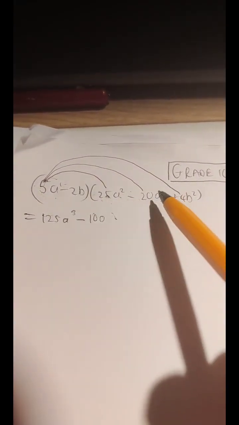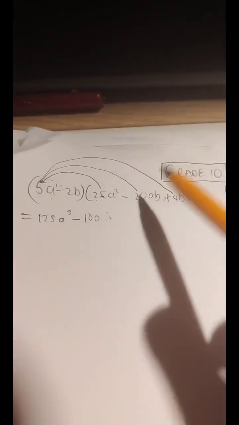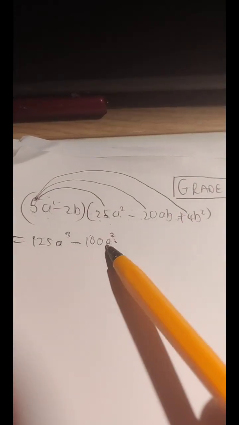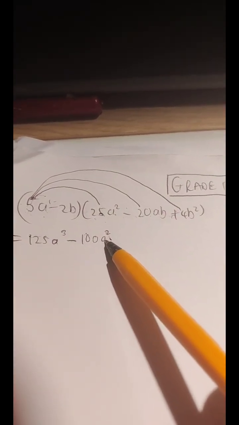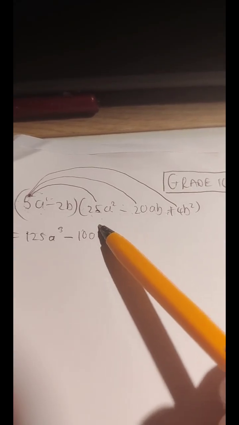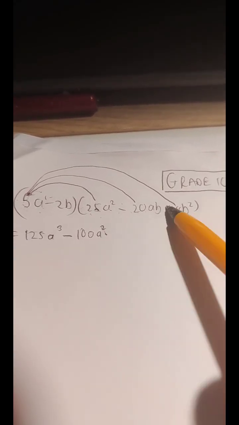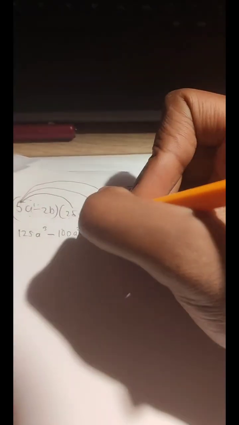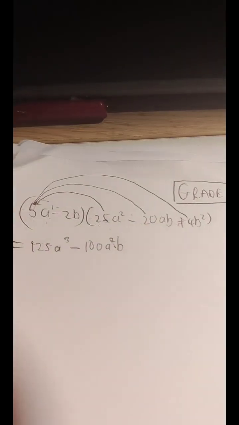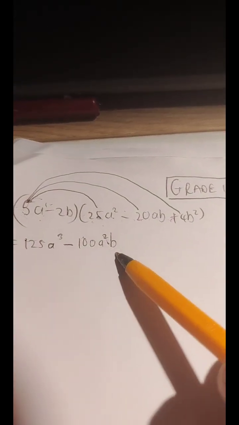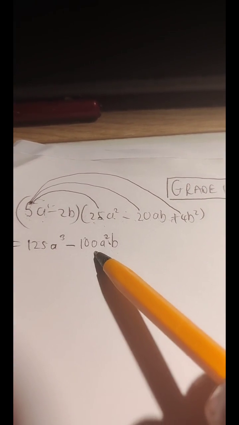So when you multiply the a and the a, they both have an exponent 1. You keep the variable a, and you add the exponents 1 plus 1. What does Snoko say about 1 plus 1? 1 plus 1 for the exponent is 2. Then remember, the letter b is combined with a squared. And so it's 100a squared b.